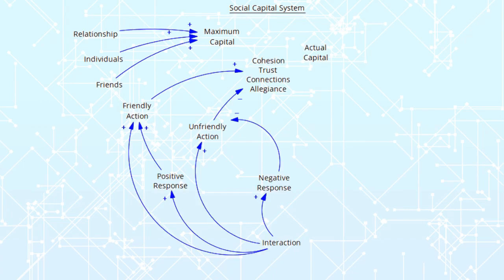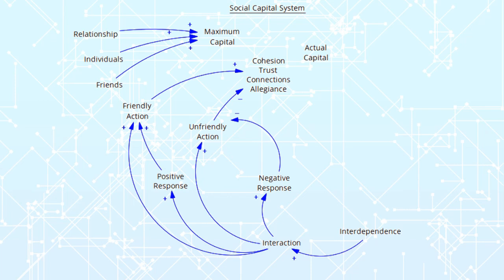As the group interacts, assets increase with friendly actions and positive responses, and reduce with unfriendly actions and negative responses. The ratio of friendly to unfriendly actions determines whether assets rise or fall. The high level of interdependence means that the rate of interaction and the rate of change of social capital is relatively fast.